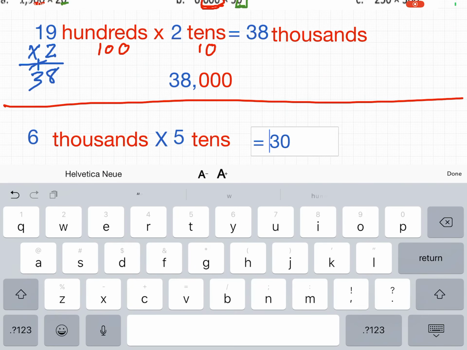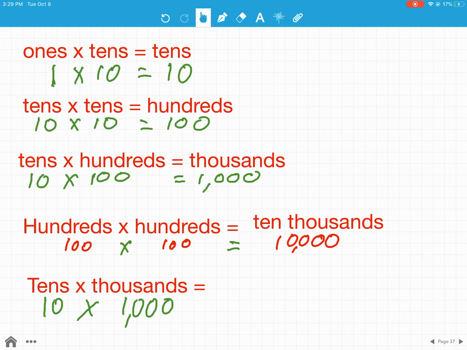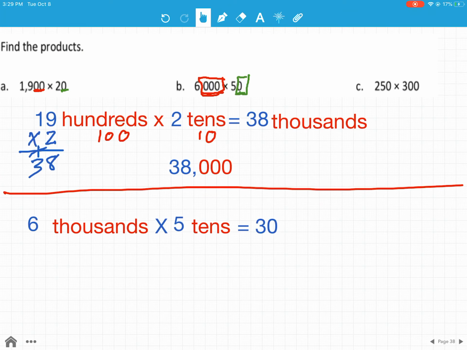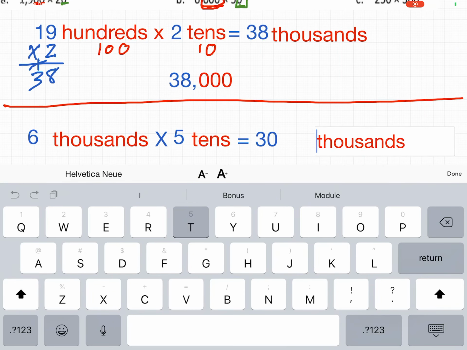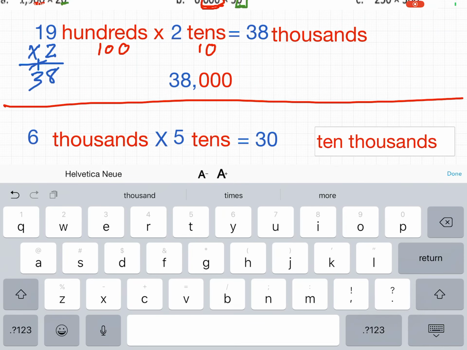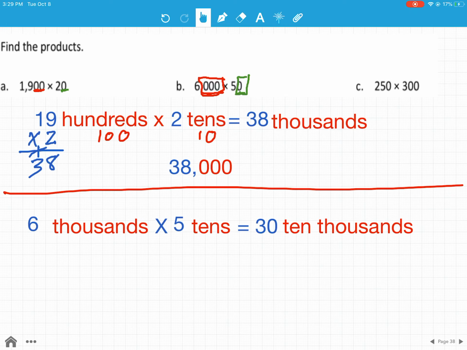So our answer is 30, because 6 times 5 is 30. But now 1,000 times 10, that's our last one. Hopefully you see it's actually not thousands, but 10,000s. All right, 10,000s. All right, so now we have 30 again.